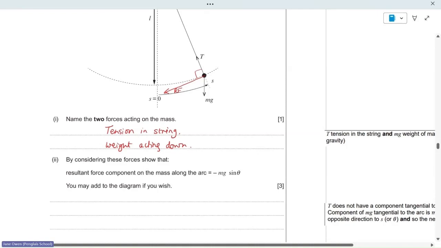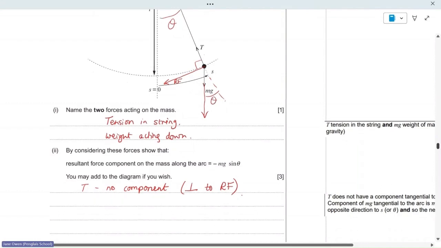So the first point to make is that the tension has no component along the arc, because it is at right angles to the resultant force. So we don't have to do anything with the tension at all. Now we have to look at mg. And mg, if this is subtended at an angle theta, then this here is angle theta.